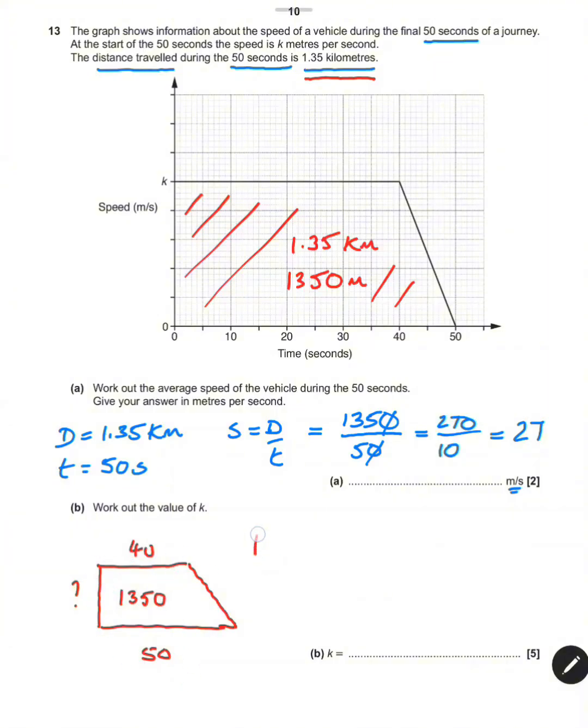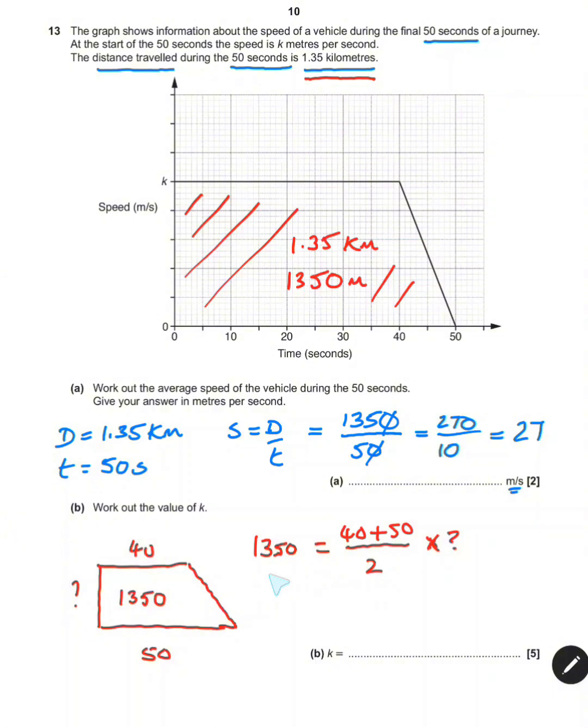Well, the area of a trapezium is going to come from 40 plus 50, halved, and then multiplied by the thing we're looking for. So what we've got now is an equation. We also know that the area is 1,350. So we can now solve this equation to find that question mark.